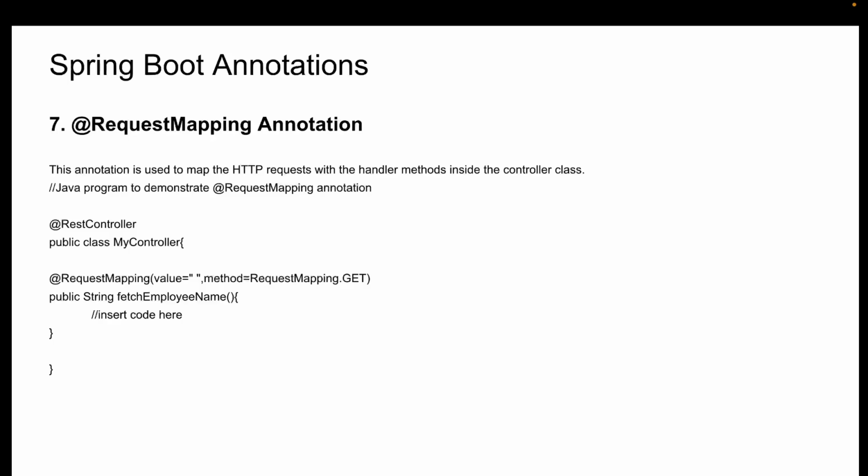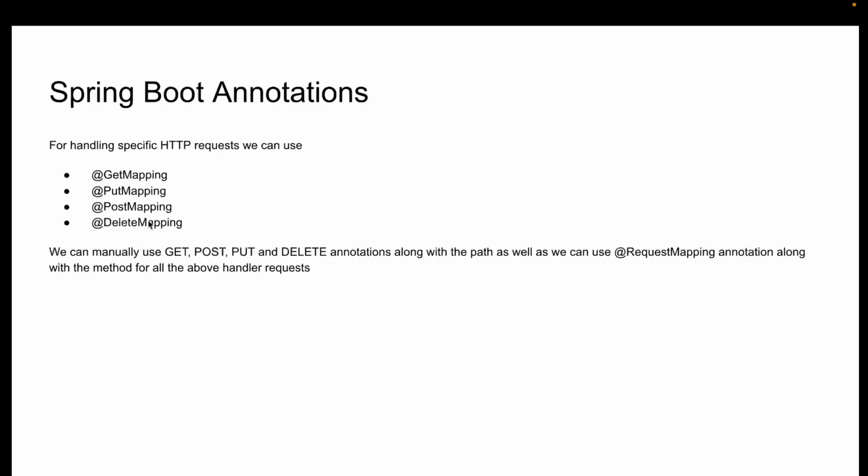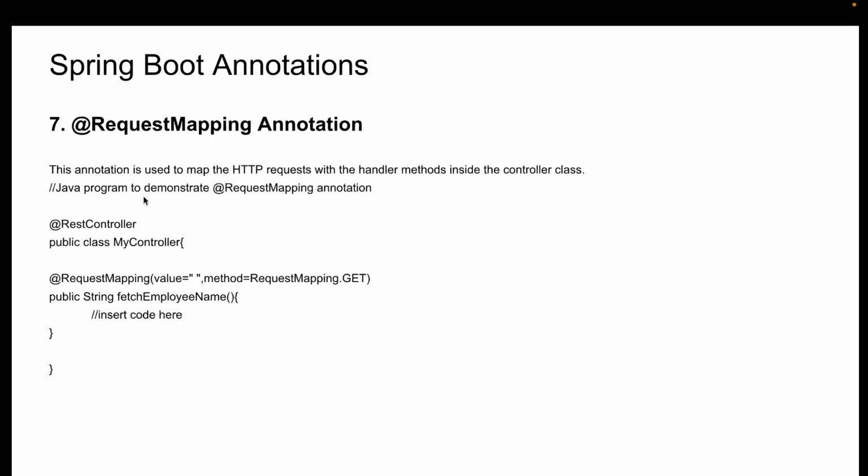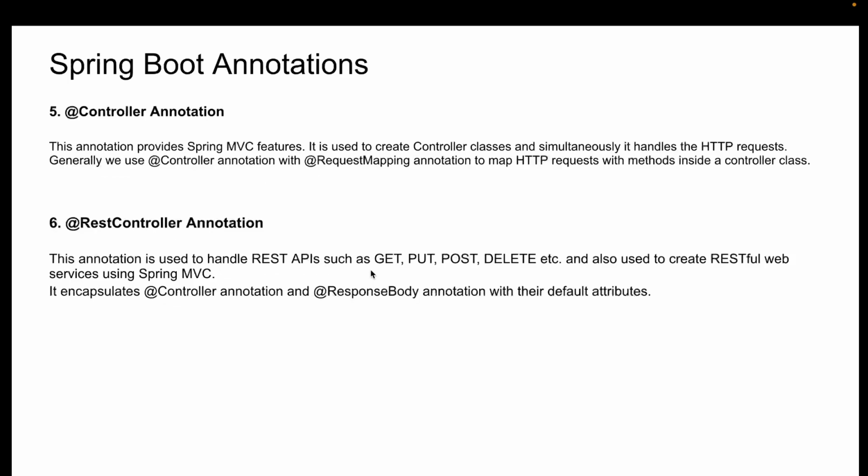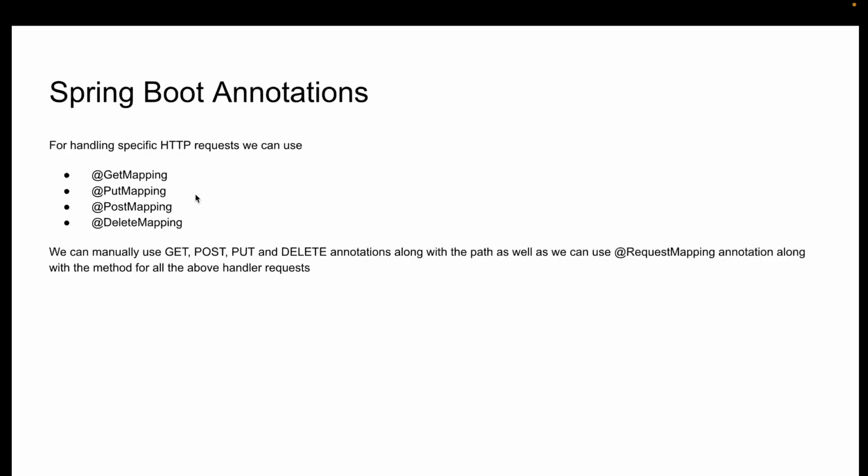You can replace this entire line, at the rate request mapping value equal to this, method equal to request mapping dot get, with at the rate get mapping. So get mapping is a specific annotation which is used only for fetching information.